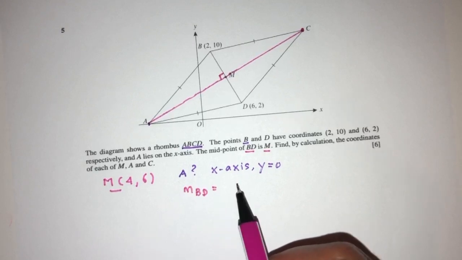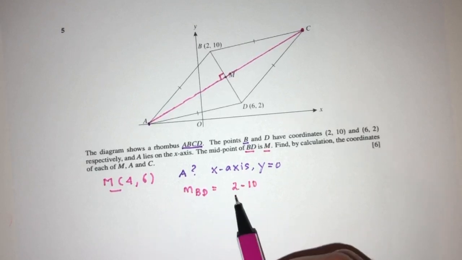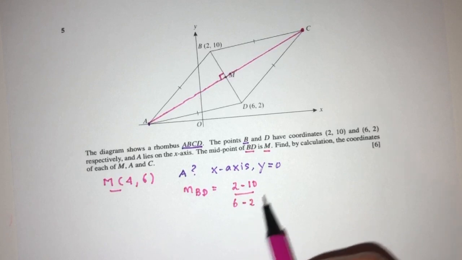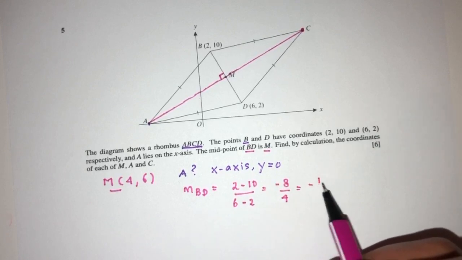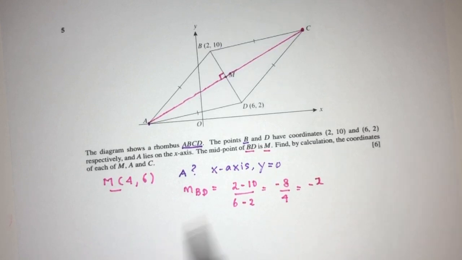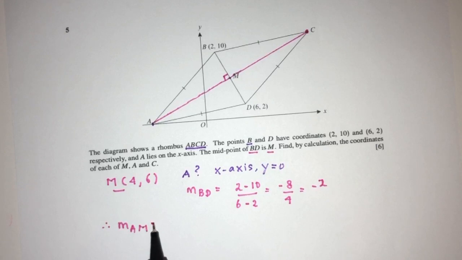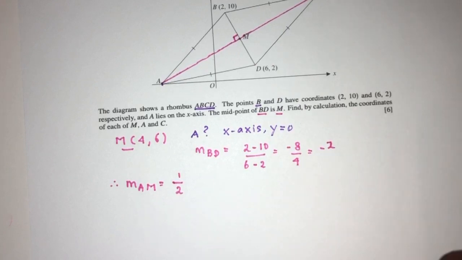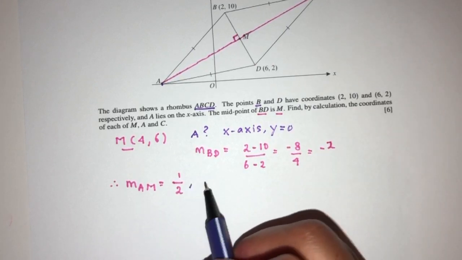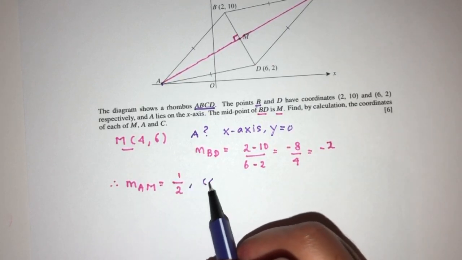That will be simply y2 minus y1 over x2 minus x1. That should be minus 8 over 4, and that will be minus 2. From this, we can derive the gradient of AM will be the value of plus half. Now we have the gradient of AM, we have the passing point of M, which is 4, 6.